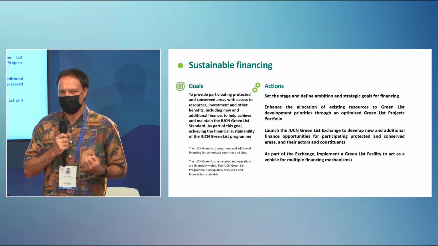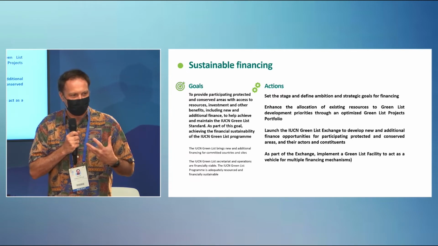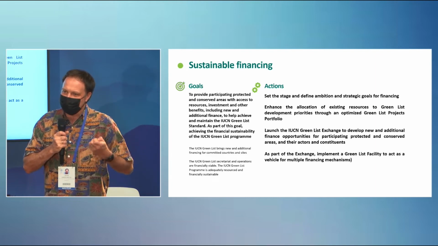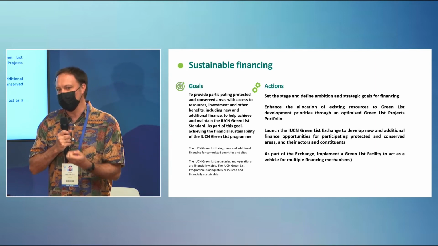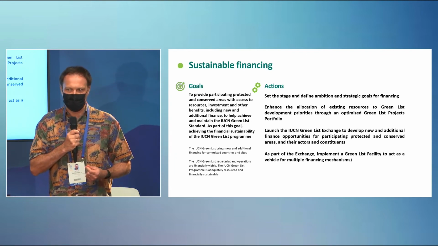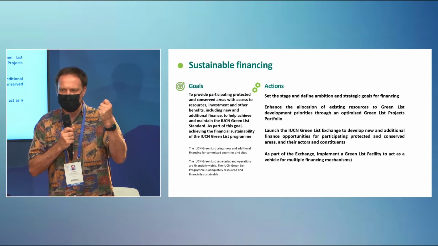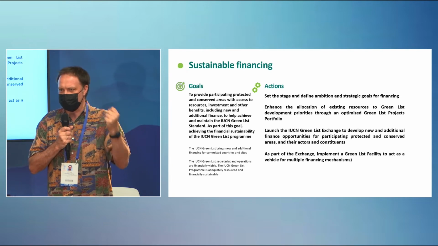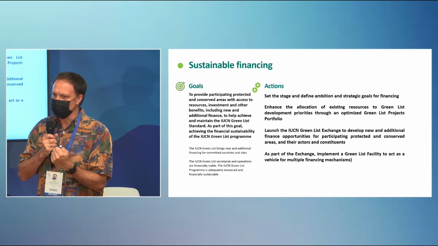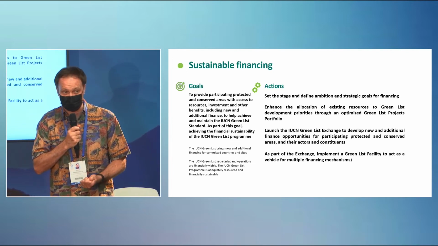What we're trying to position is how can our standard, how can our Green List program, how can our collective IUCN knowledge and support help leverage new and additional financing for protected and conserved areas that participate? So how can the Green List standard not cost you more time and effort and resources to implement, but actually help you leverage and achieve more investment from public or private sources to help you achieve that standard, to help you implement the actions that are required.